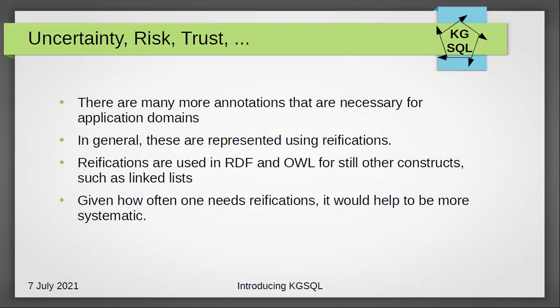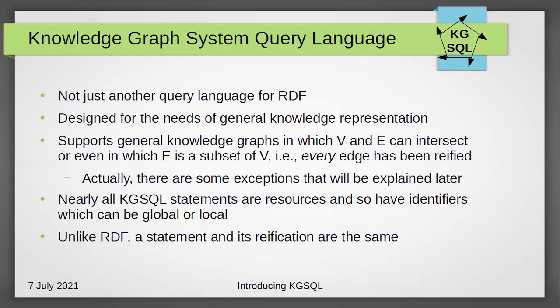So you begin to see the theme that's emerging here. We need reifications. We need them a lot. It would help to be more systematic about them and perhaps more efficient, and to be able to handle them in your queries. So to deal with this, I introduced a language that I called the Knowledge Graph System Query Language. I want to thank Janet Singer for suggesting this name for the language.